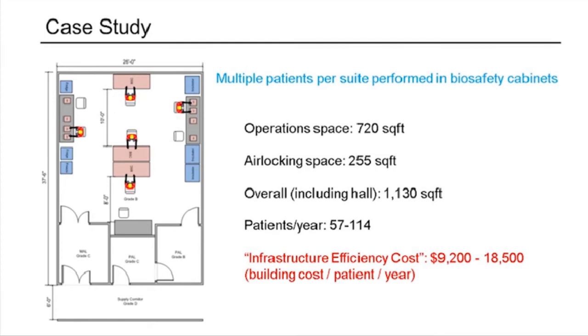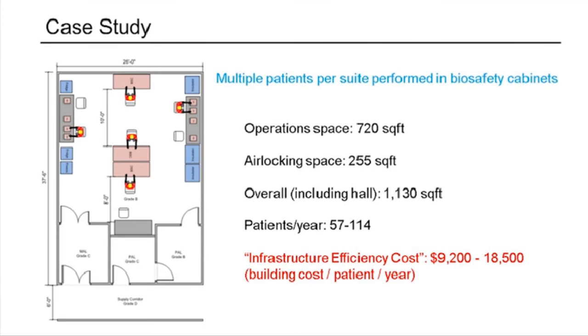And so then we look at a much more flexible option in terms of multiple patients per suite performed in an open manner in biosafety cabinets. So again, segregated operations, segregated workflows, but concurrent production, and this gives you much better efficiency for space.